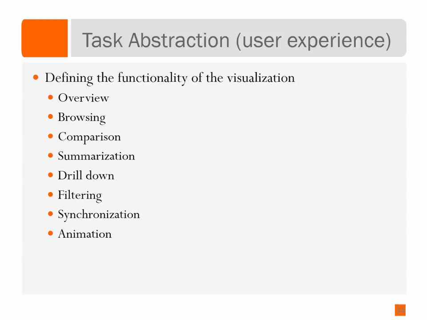Will we be doing summarization? So will we combine or aggregate or roll up certain data elements? Inversely, will we drill down and parse and fragment particular components of a summarized data measurement?